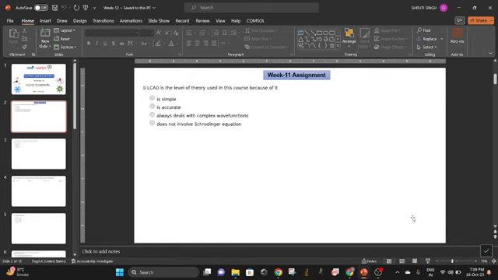In the week 11 assignment, the first question is: LCAO is a level of theory used in this course because... LCAO is linear combination of atomic orbitals. The answer is very simple.